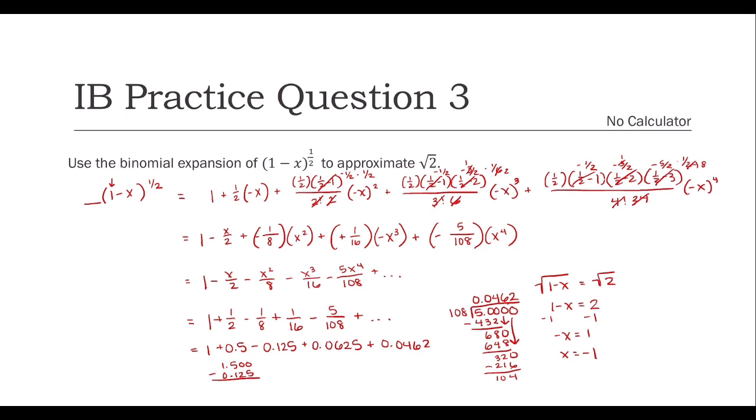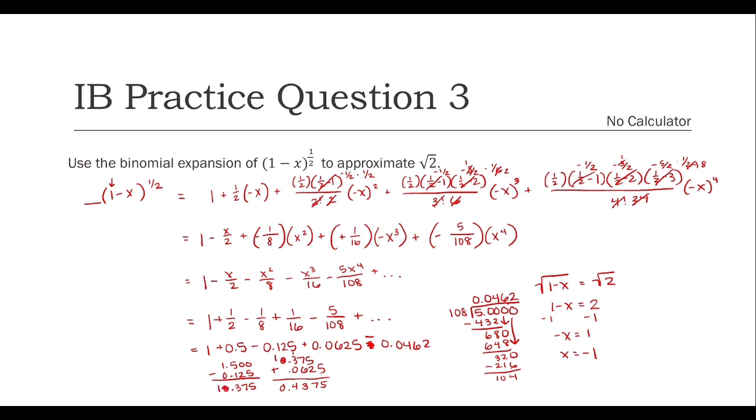gives us 0.375. So 0.375 plus 0.0625. This last one was actually a minus 5/108. So we'll add these. So we'll have 5, 7, 3, carry the 1. So we have 0.4375, which we accidentally lost our 1 when we subtracted.